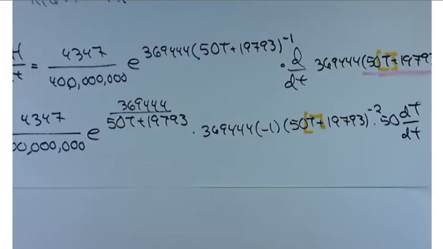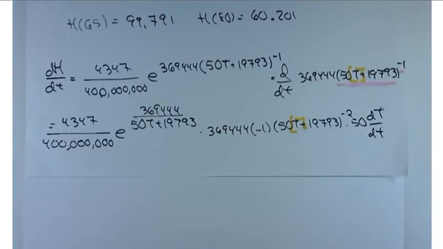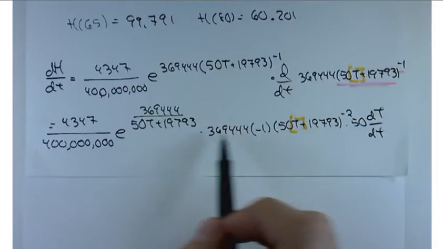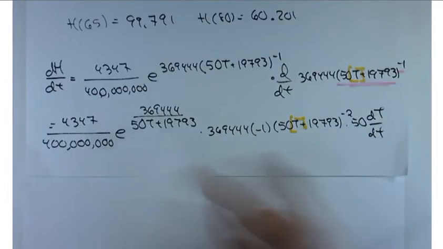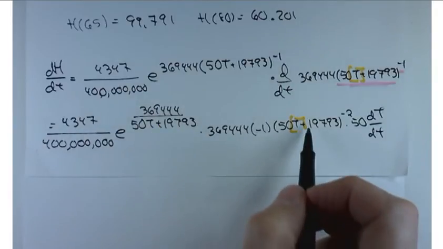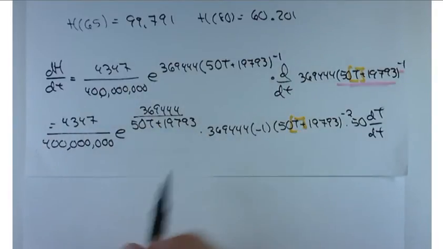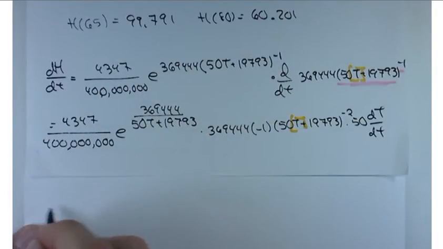I'm not sure there's a whole lot we can do to clean this up, but let's do a little bit to make our life a little bit easier. This and the 50 are all up in the numerator. This term is down in the denominator. So let me write, and I'm not going to multiply these out, I'm just going to leave it as is.